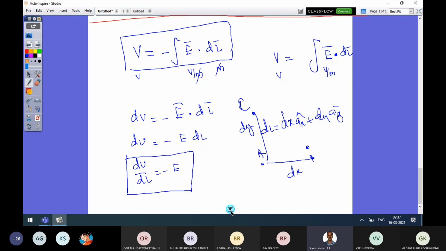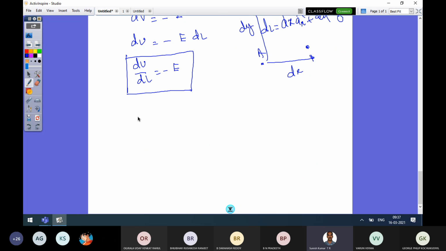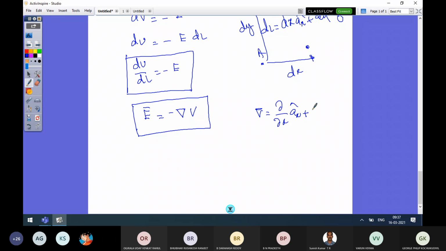So you can write it as a general vector equation. There is no derivation needed for this. E vector is equal to negative gradient of v, because gradient is dou by dou x.